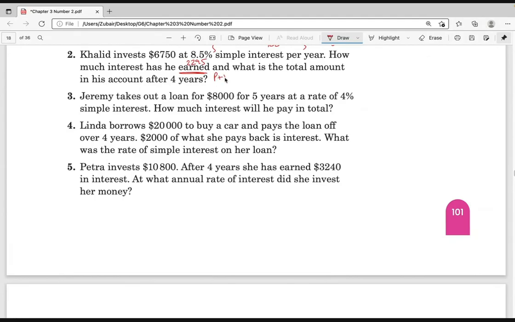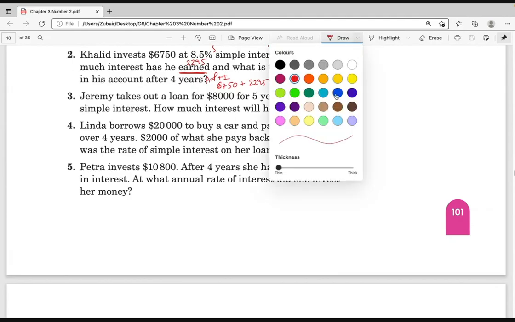Basically, principal plus interest is the total amount, and 6750 plus 2295, we get 9045. Done, Haris? Yes, sir.